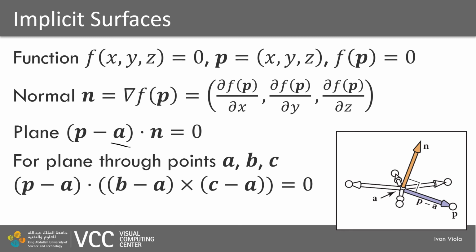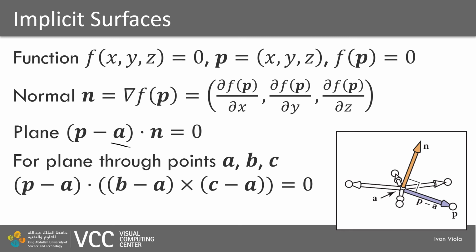If we had three points given instead, and we would like to compute which plane they define, we can proceed in the following way. We first define two vectors from these three points, a vector AB and a vector AC.